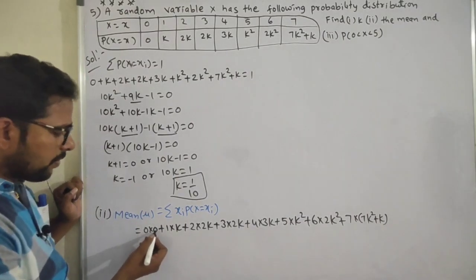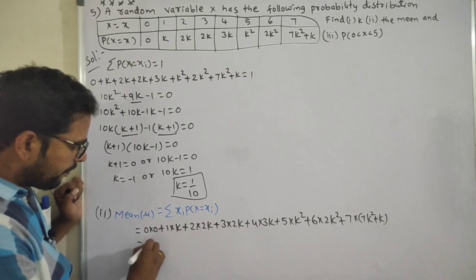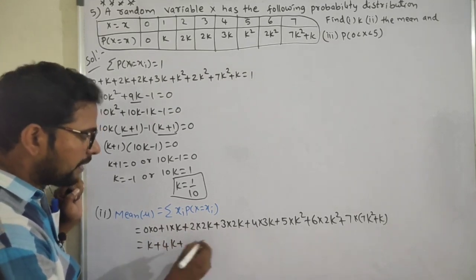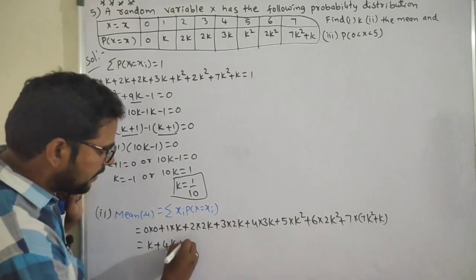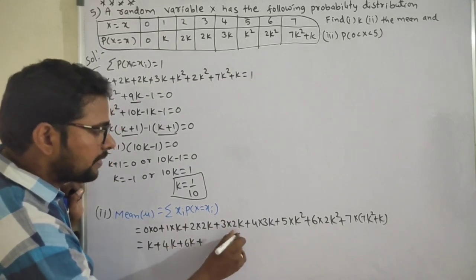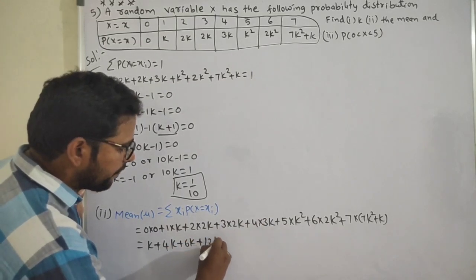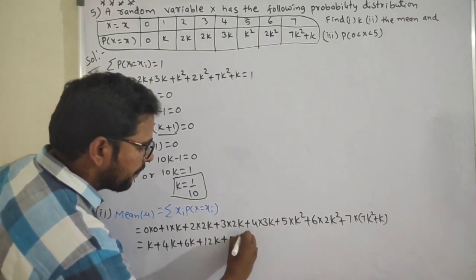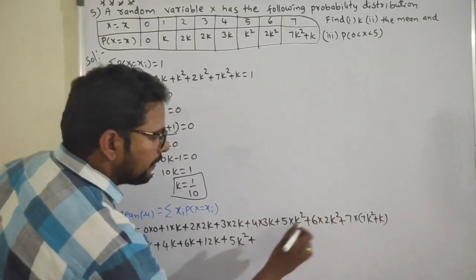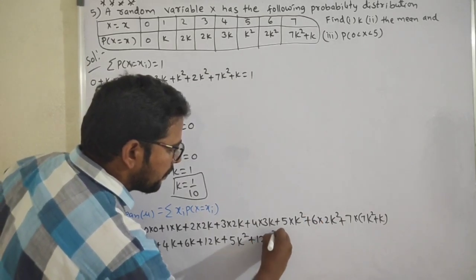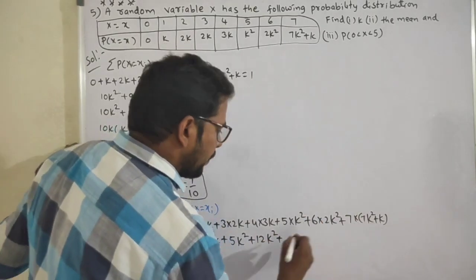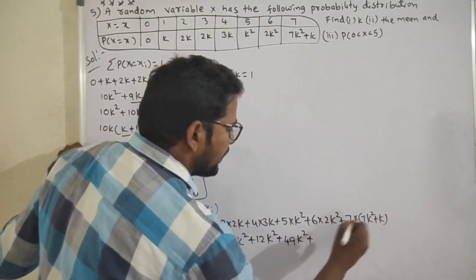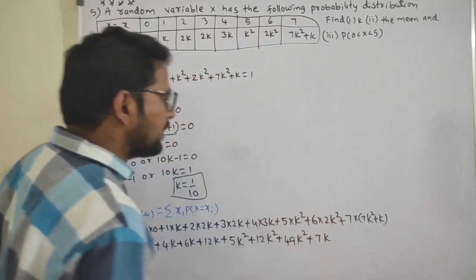So 0 into 0 is 0, 1 into k plus 2 into 2k is 4k, plus 3 twos are 6k, plus 4 threes are 12k, plus 5 into k square is 5k square, plus 6 twos are 12k square, plus 7 into 7 is 49k square, plus 7 into k is 7k.